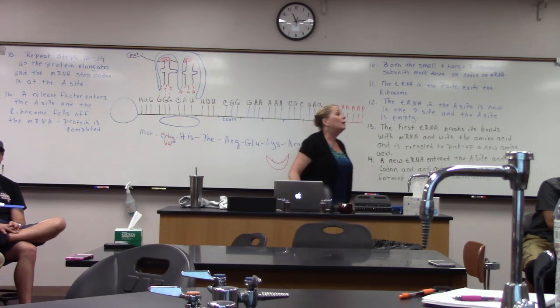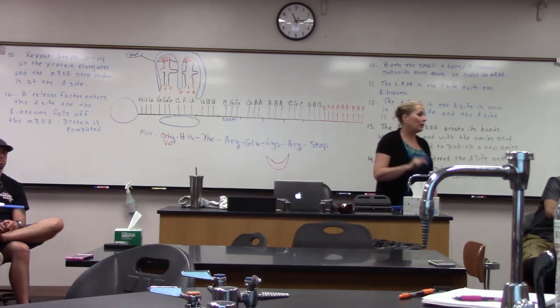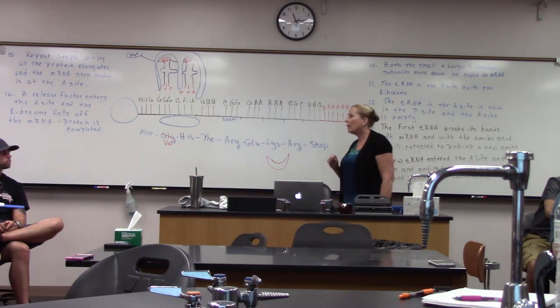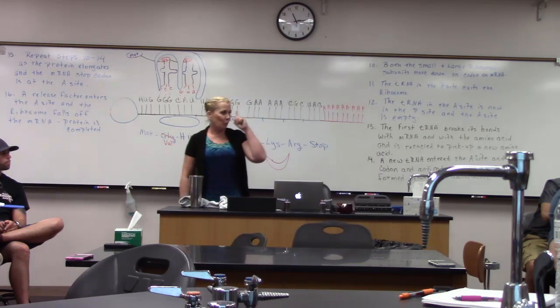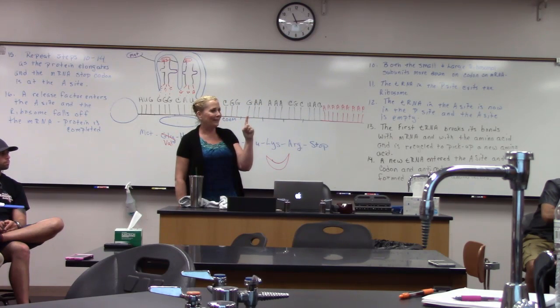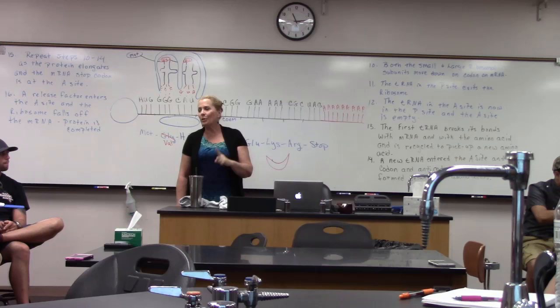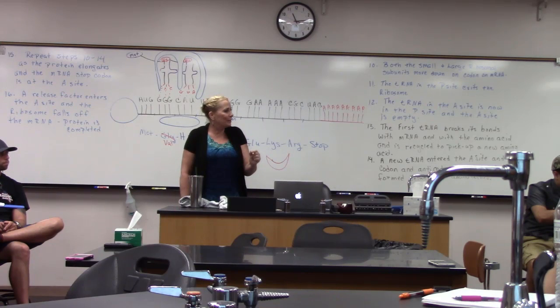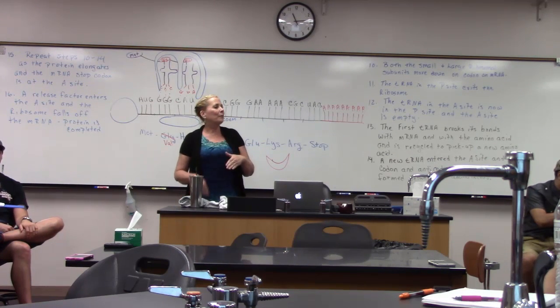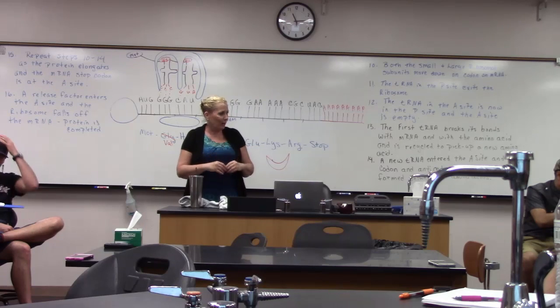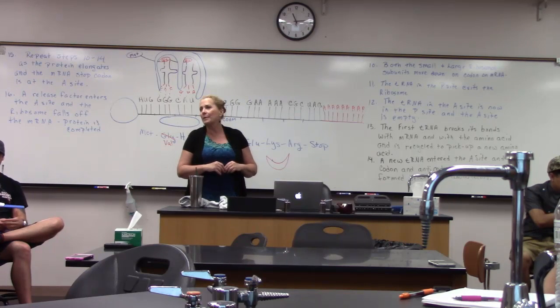Now, by the way, when we go through the process of transcription and we're making our messenger RNA, we don't ever make just one messenger RNA. When we go through transcription, we will actually make hundreds of messenger RNAs of the same kind, and then those will all move into the cytoplasm at the same time, and we'll be able to make thousands of the same proteins at the same time.